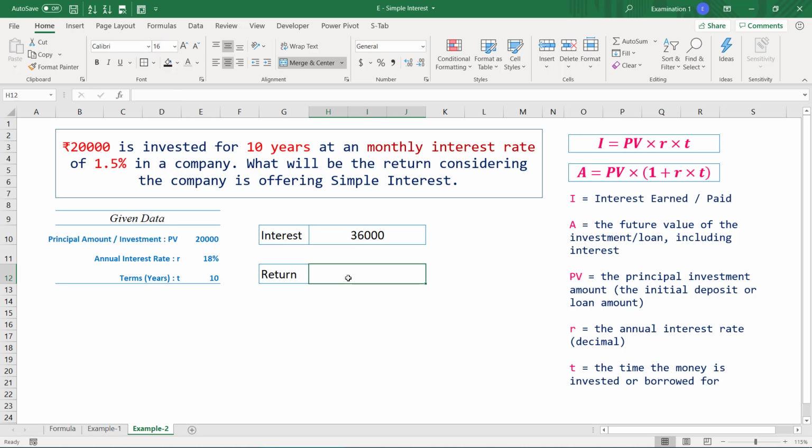And similarly, to find the return, type equal to PV into open parenthesis 1 plus R into T close parenthesis, enter, and there you have it, 36,000 as interest plus the 20,000 that you have invested. So in total you will get 56,000.